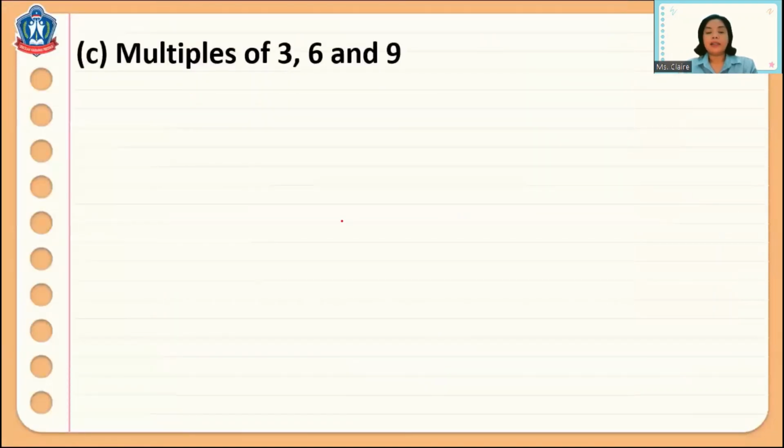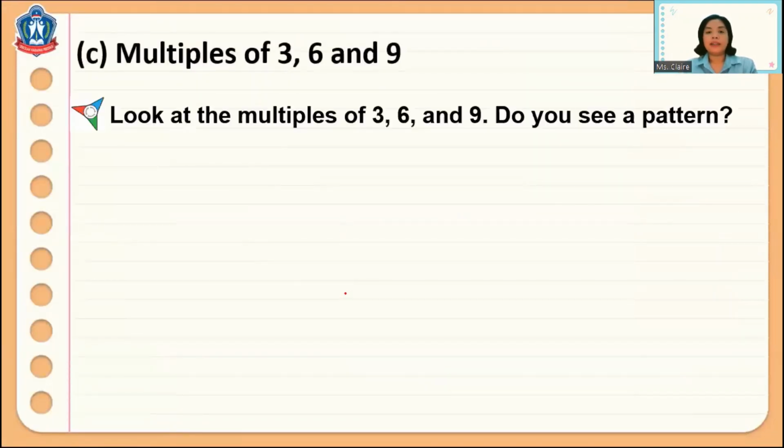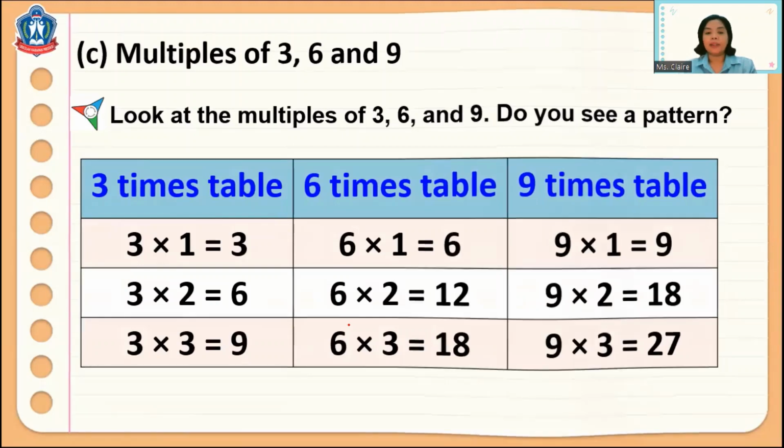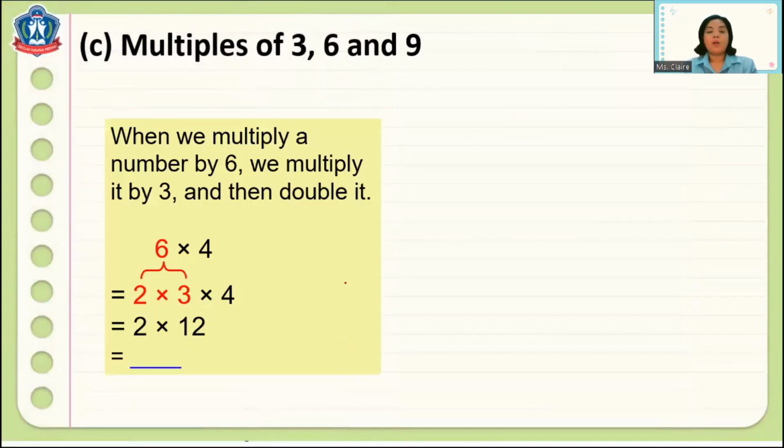Next, let's study multiples of 3, 6, and 9. Look at the pattern for the 3 times table, 6 times table, and 9 times table. When we multiply a number by 6, we multiply it by 3 and then double it. So 6 times 4 means 2 times 3 times 4.